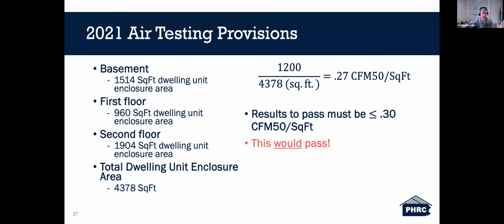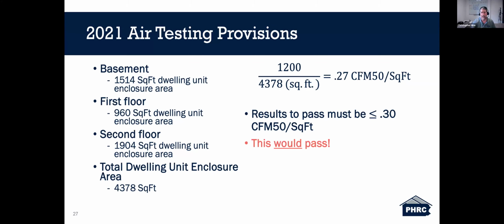So not only are you taking into account the walls of that basement, but you're also taking into account the square footage of that basement floor. Same thing on the second floor, where we are taking a look at not only our walls, but we have our ceiling separating our conditioned space from our attic space. That's why our basement and our second floor numbers are significantly higher than our first floor, because our first floor is specifically just looking at our exterior walls. So that gives us a total dwelling unit enclosure square footage of 4,378 square feet.